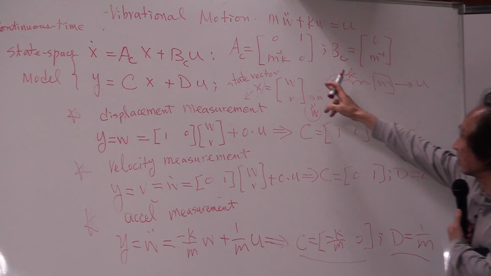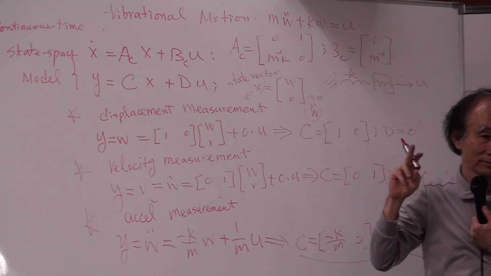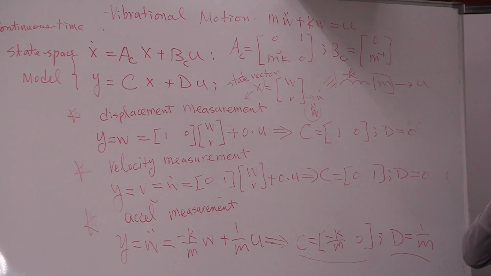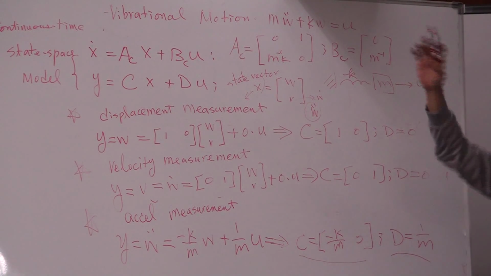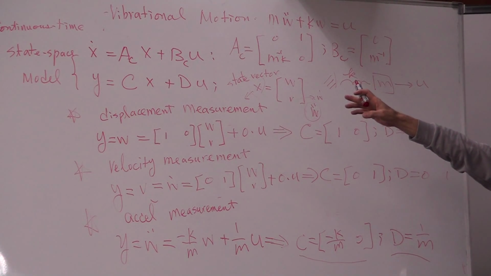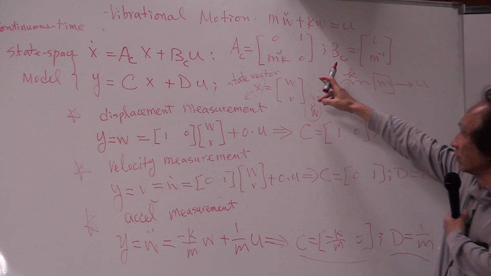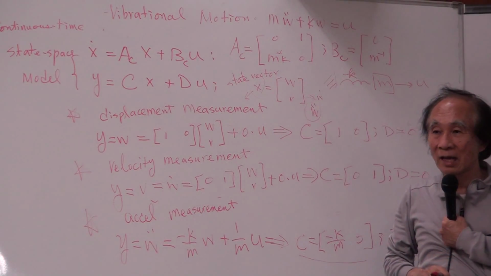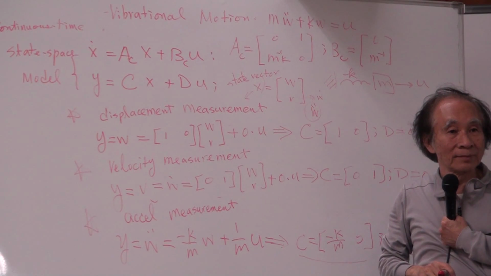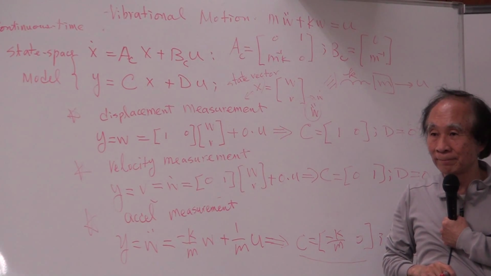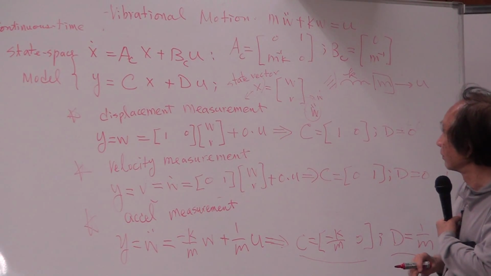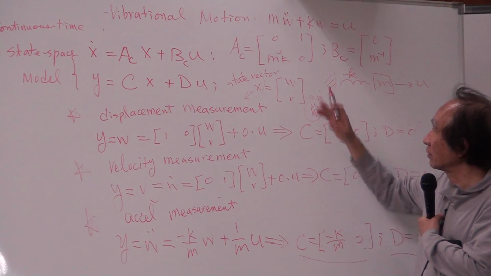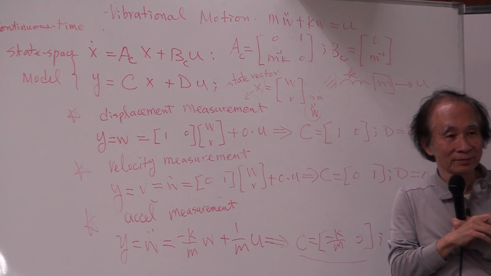Now, if you look at this, what is the eigenvalue of this? The eigenvalues of rigid body motions are 0, 0. The eigenvalues of A, what is that? That's supposed to be the frequency of the system, right?